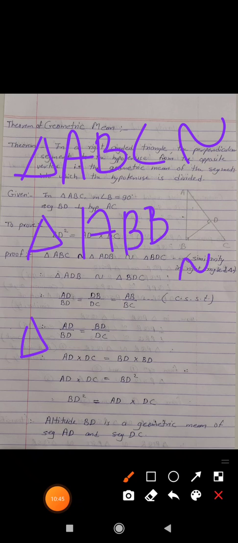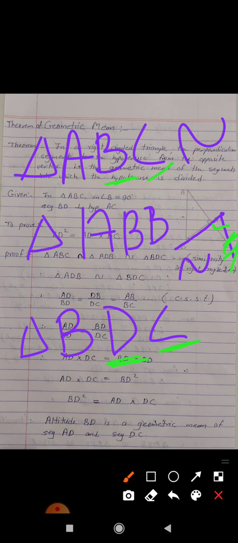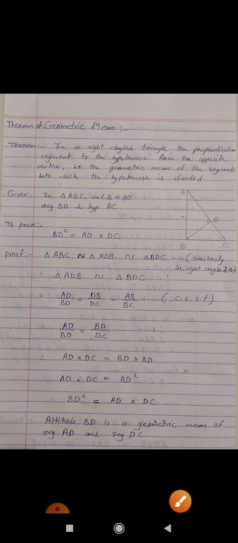Now again move from point B to D and to C. So the next name we create is triangle BDC. Here also you can see this is 90 degree angle D and angle C is the common angle. So this is the similarity in right angle triangles.